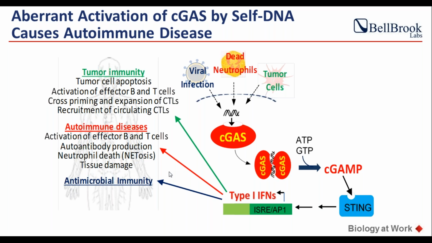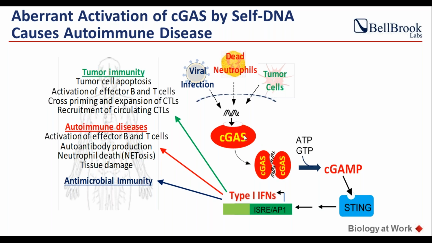The presence of DNA in the cytosol is therefore indicative of either cellular damage or infection, and that leads to activation of genes that's associated with the immune response. One way the cytosolic DNA is sensed is through the cGAS STING pathway, specifically by this enzyme called cGAS, cyclic GMP AMP synthase.